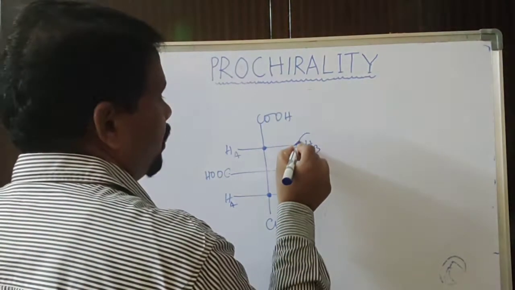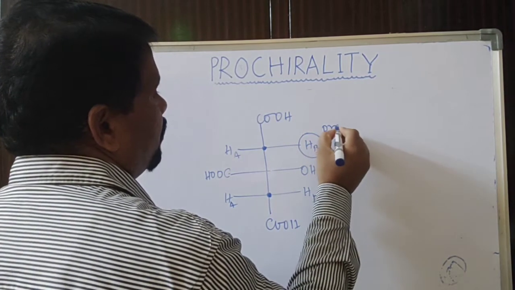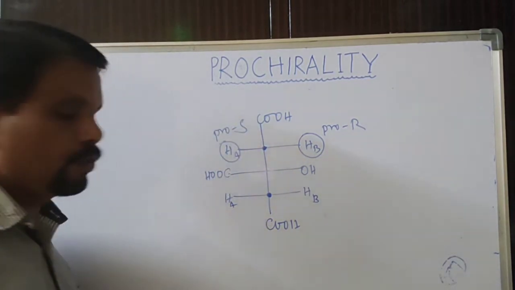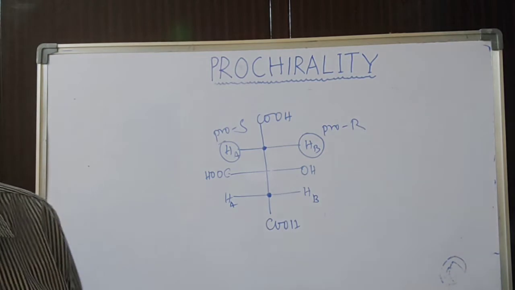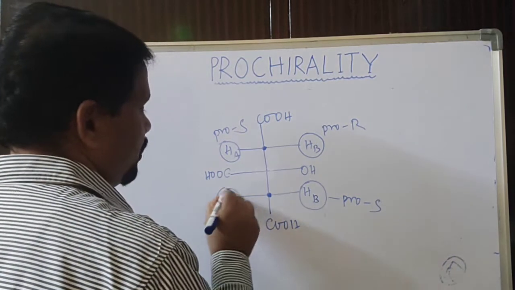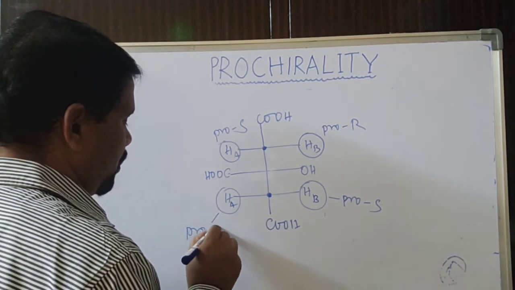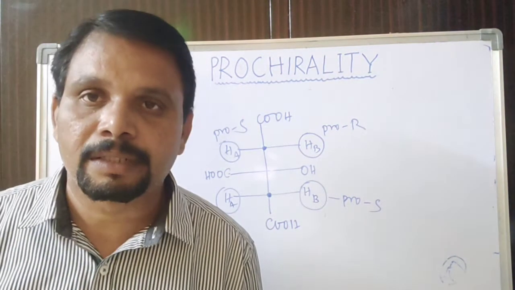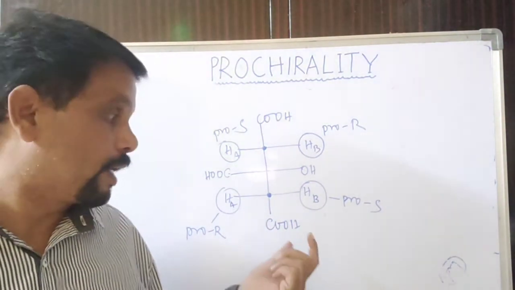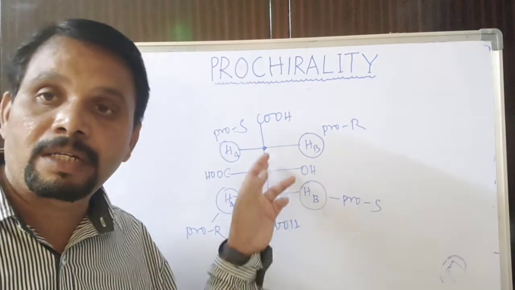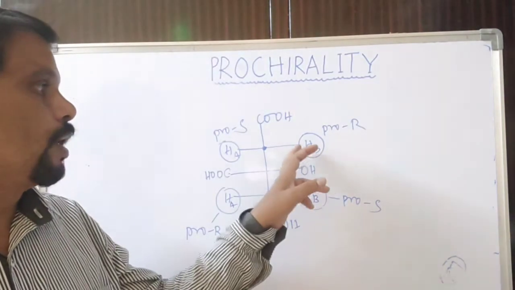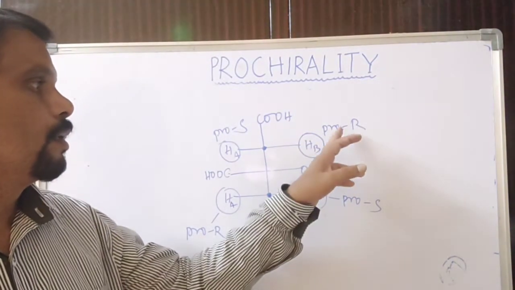If you assign notations for this, it will become pro R, and this will be pro S. And it is reversed for the bottom prochiral center: pro S, and this is pro R. So in this molecule there are two prochiral centers, one above and another below. How to assign the notations?